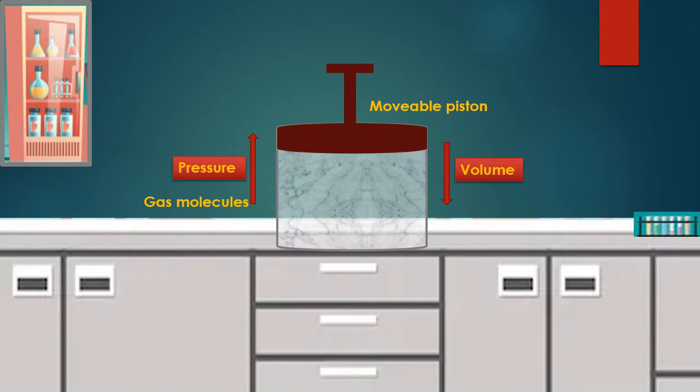Now to observe this inverse relationship between pressure and volume, he had done a very simple experiment. Now in this slide, we are going to do the same experiment. He had taken a cylinder having gas molecules in it, and these gas molecules are moving in it.